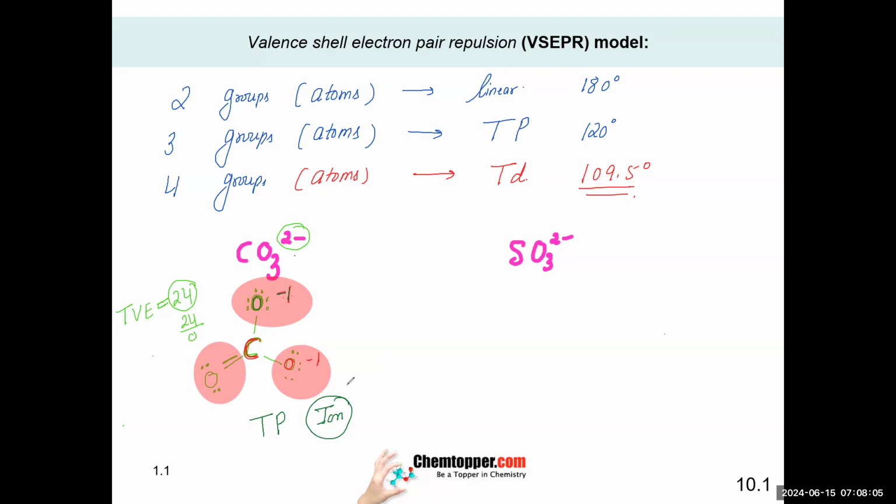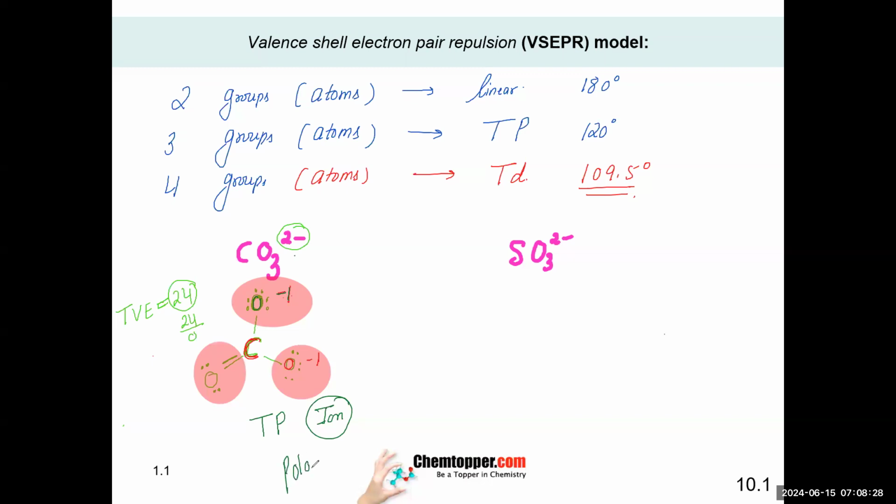When I teach you resonance, you will see all 3 oxygens are identical. Right now you can see one oxygen is doubly bonded and the other 2 oxygens are singly bonded, so that's why she's saying not symmetrical. But just leave that and think of it as an ion. When it is an ion, it is definitely a polar molecule.